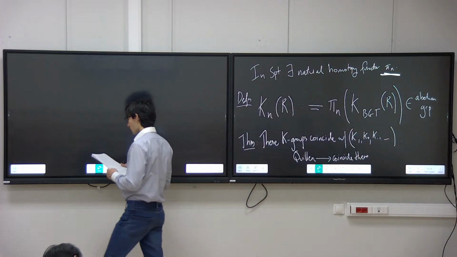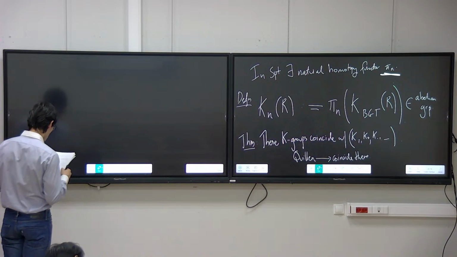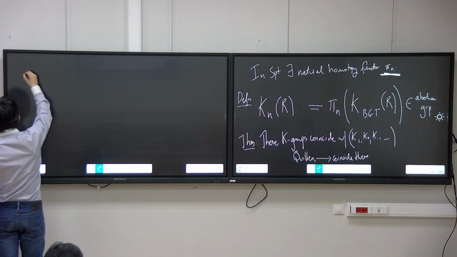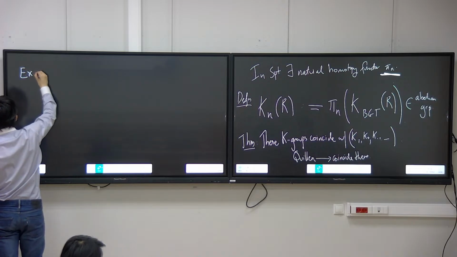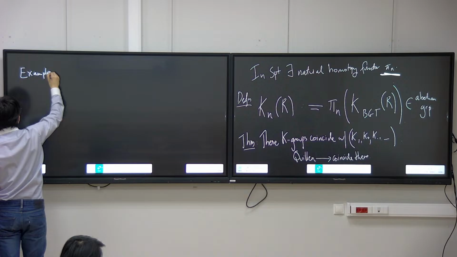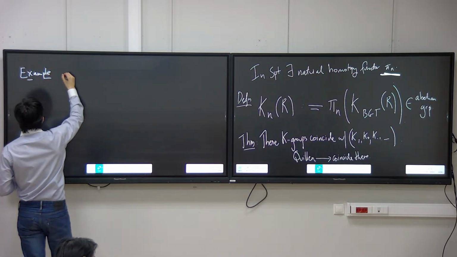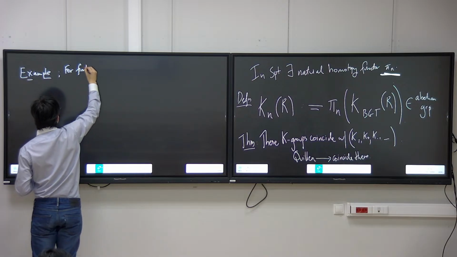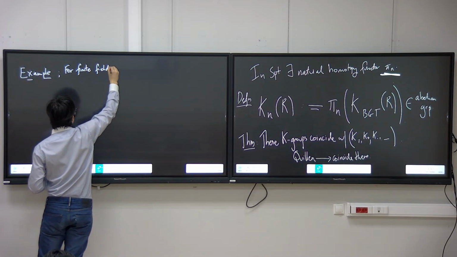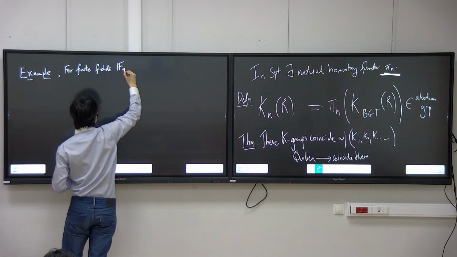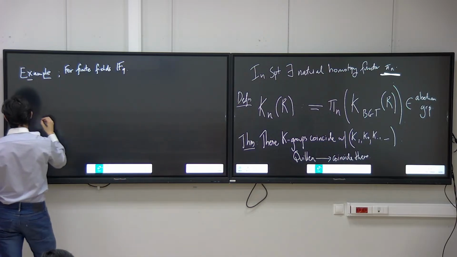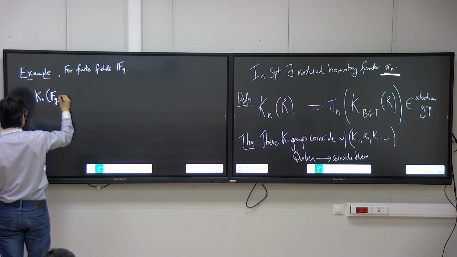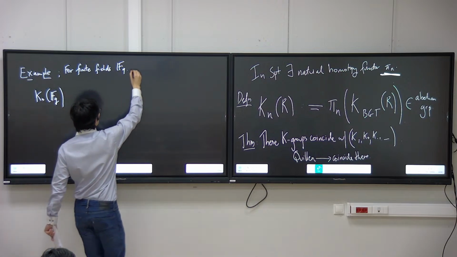And just to give a sense of how much work needs to be done, here are some facts. First of all, let's look at an example of where K theory is known. For finite fields F_q, we basically understand it. K0 and K1 of F_q were computed by Quillen.